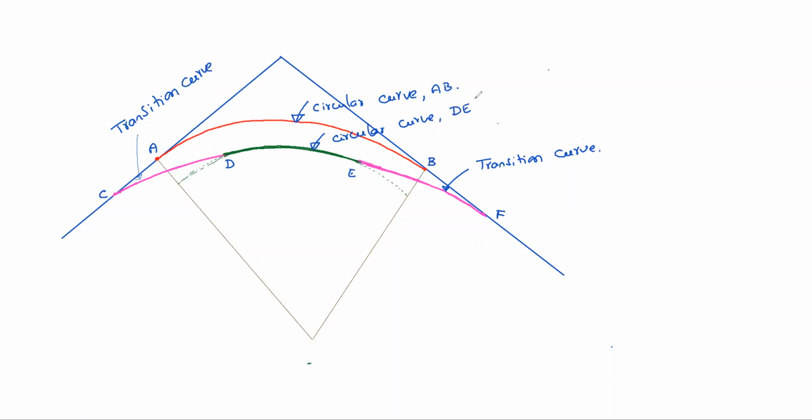So we are not providing this AB curve. The curve length decreased, right? Not only that, the curve shifts inside. This is called shifting. S is the shift of the circular curve. How much it shifts and so on, we'll calculate. So the curve length decreased as well as it shifts inside.